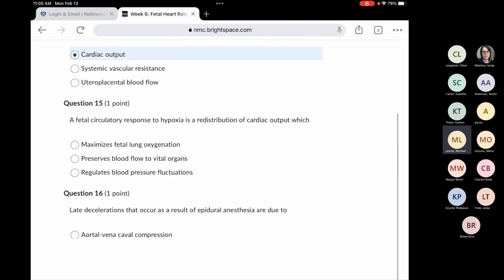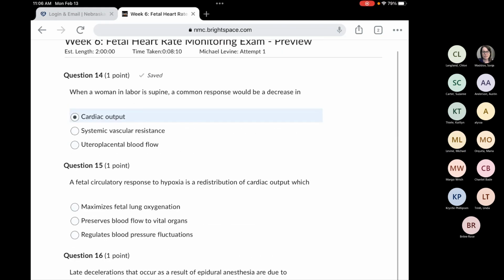Question 15. A fetal circulatory response to hypoxia is a redistribution of cardiac output, which maximizes fetal lung oxygenation, preserves blood flow to vital organs, regulates blood pressure fluctuations.